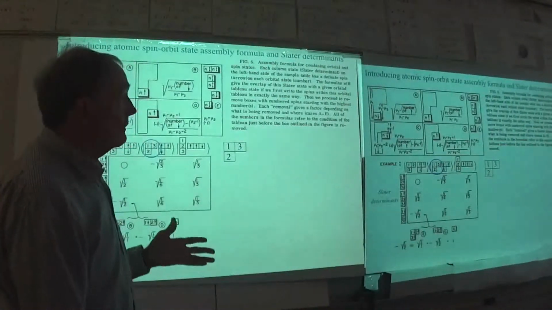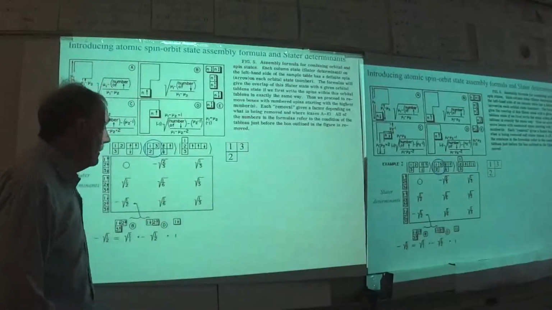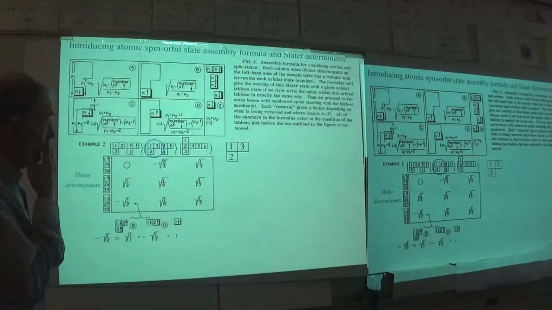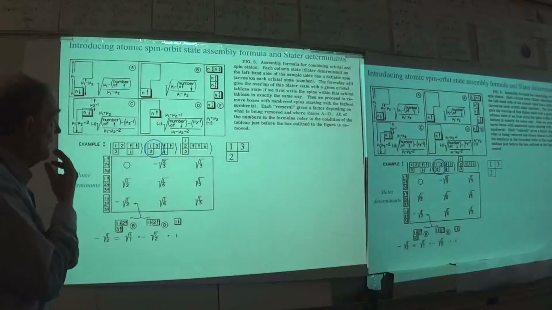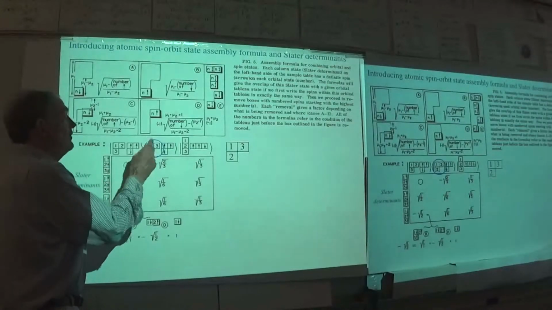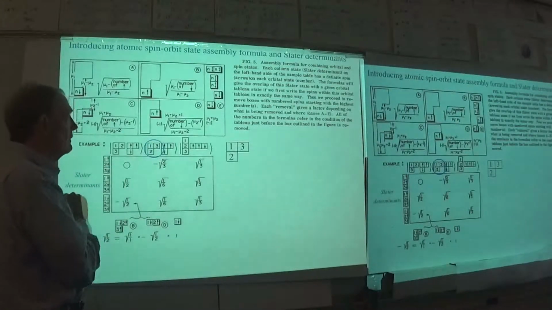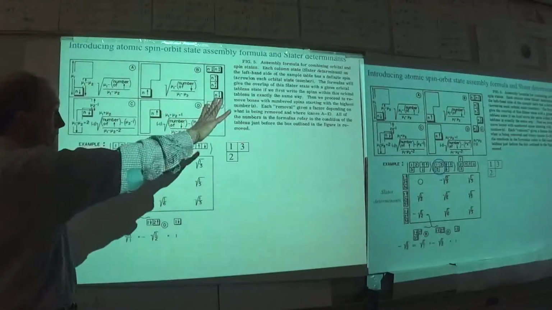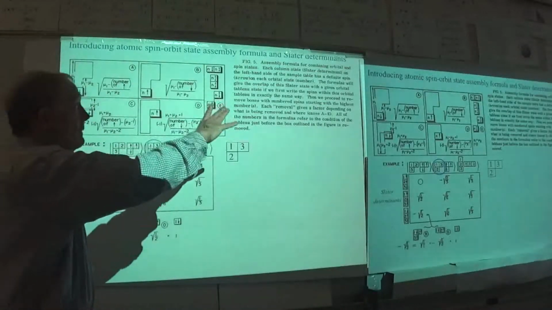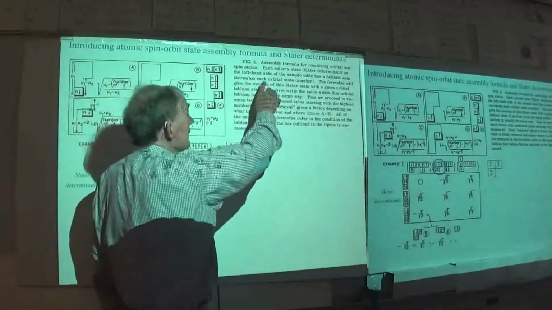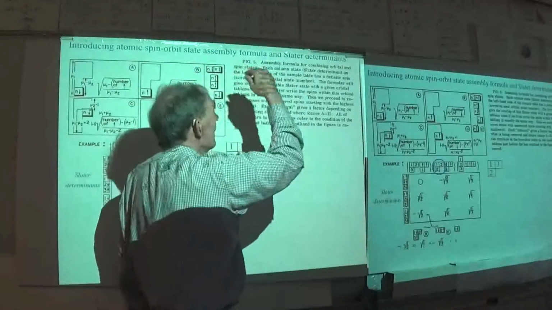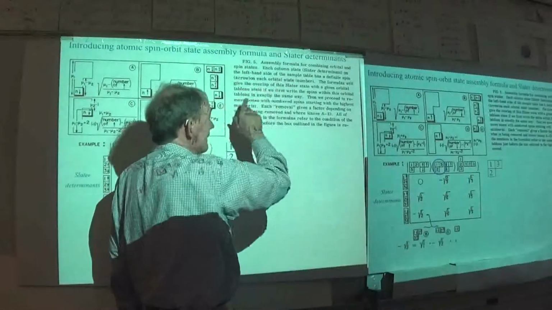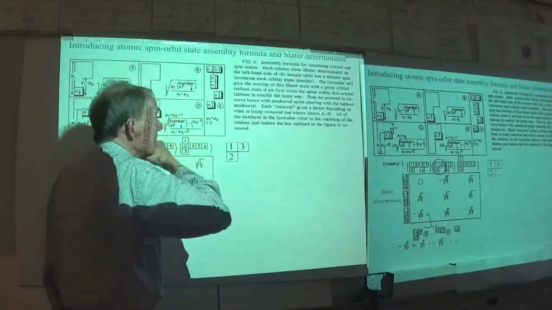And now I will need the two to compare things as we go through this. But what I want to look at is how do I disassemble this tableau? And that's what this table is all about. As it says, assembly formulas for combining orbitals, it's also for taking them apart. Each column state is a Slater determinant, left-hand side.